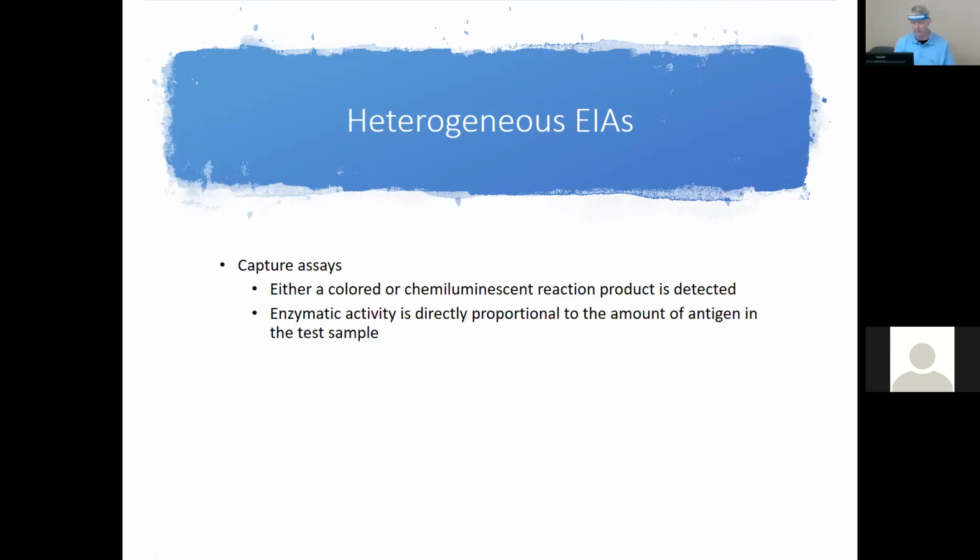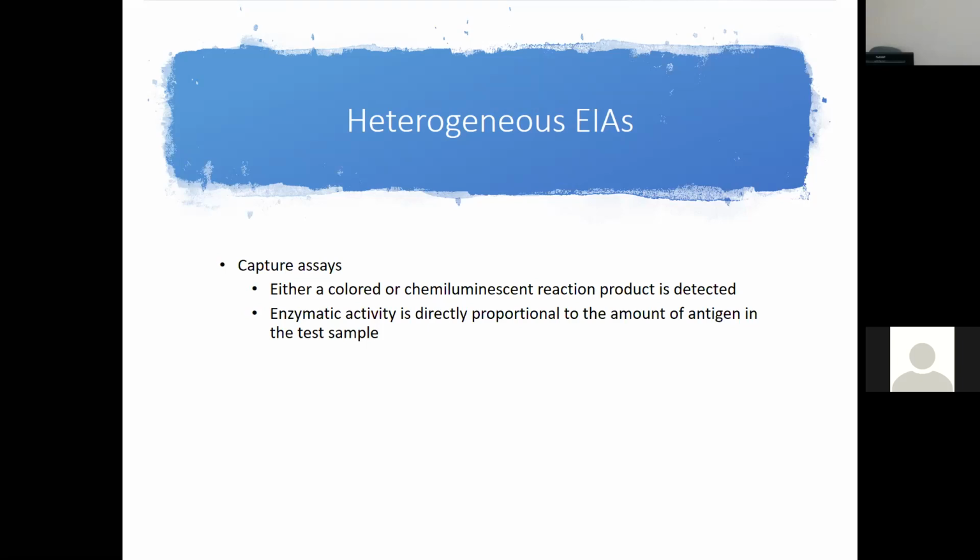Either a colored or chemiluminescence reaction product is detected. Enzymatic activity is directly proportional to the amount of antigen in the test sample. Okay, so hopefully you're picking up where test questions are going to be coming. I'm talking about a competitive immunoassay. The enzymatic activity is directly proportional to the amount of antigen in the test sample. Okay, that's the answer.